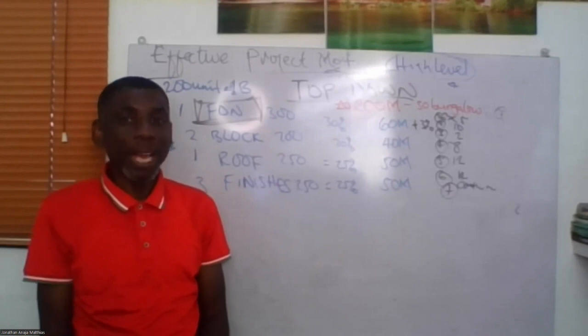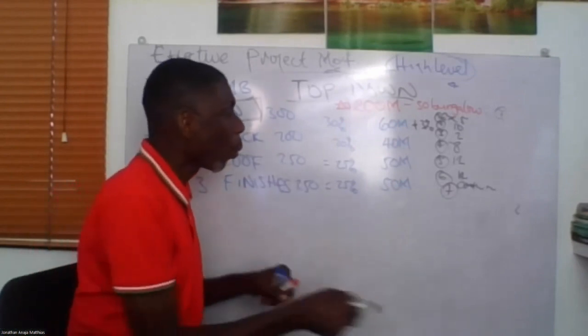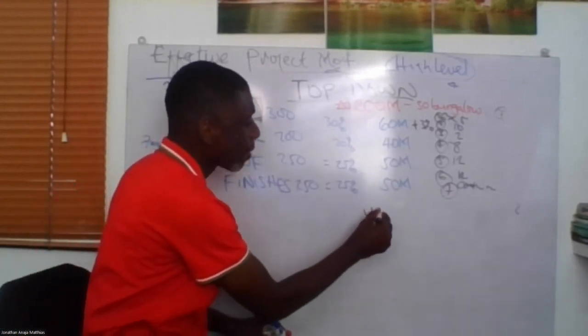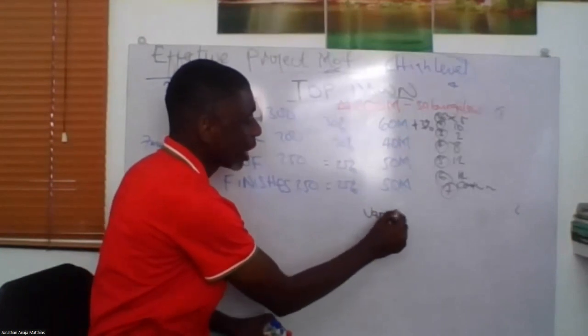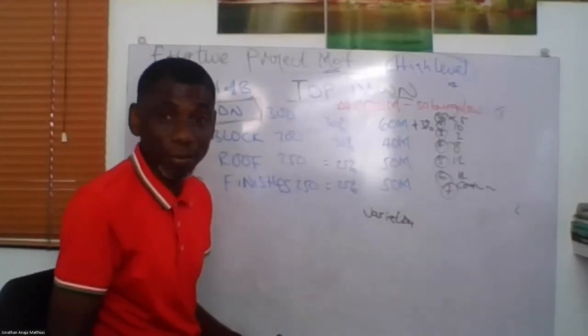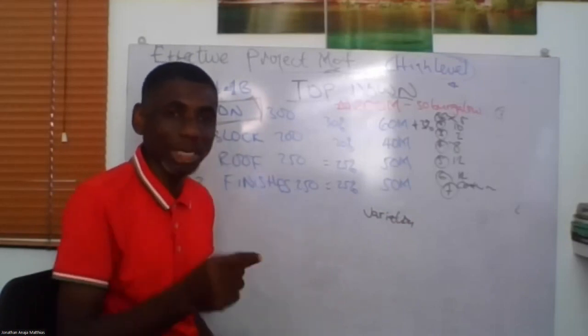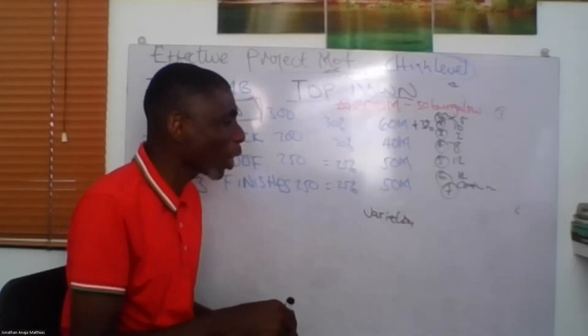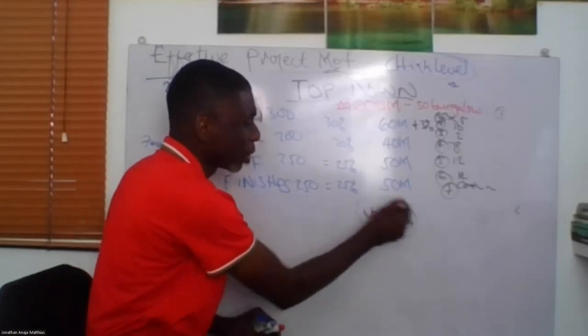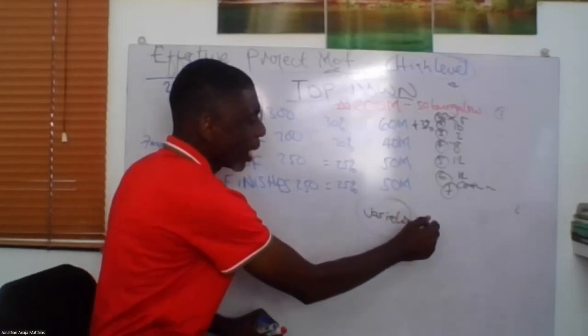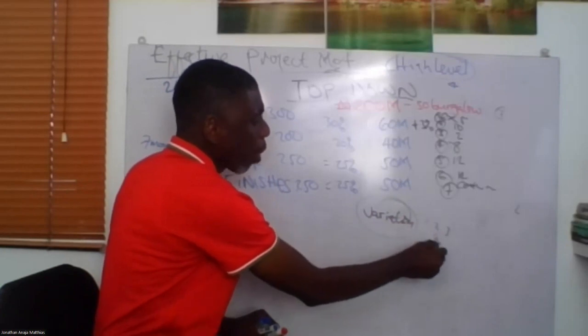So, from experience, always ask yourself, what are the variations I have had from projects? If you have never managed a project, it's fine, I can understand. But when you have done 1, 2, you should always ask yourself, by what percentage did I have variations? Usually 1, 2, 3, 4%.